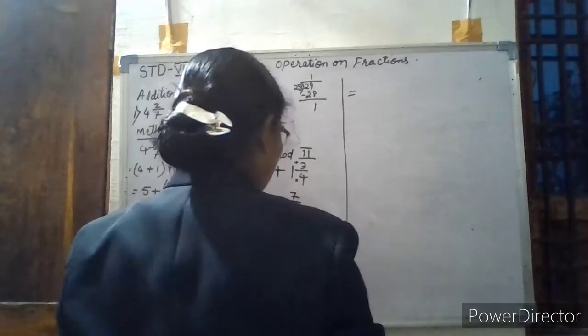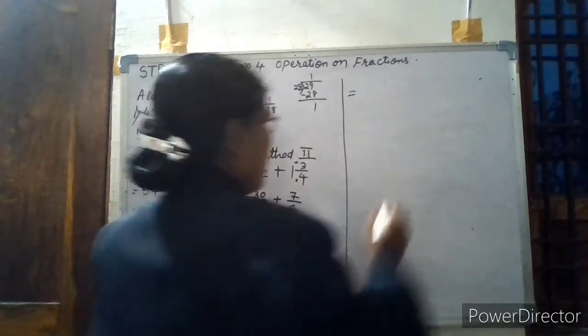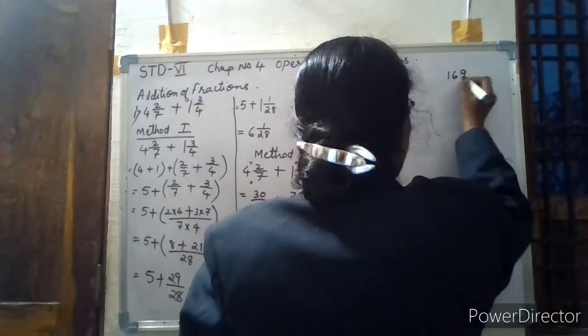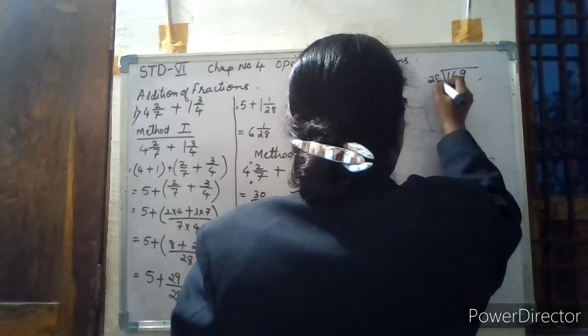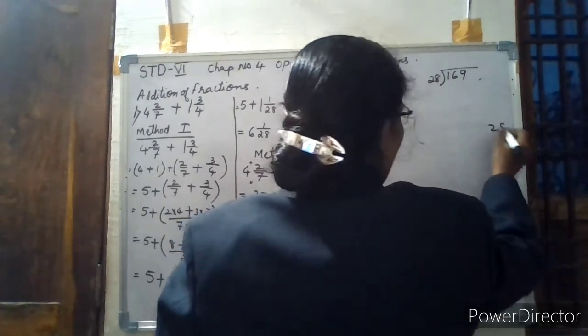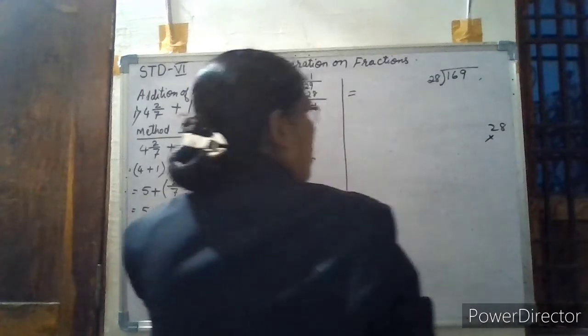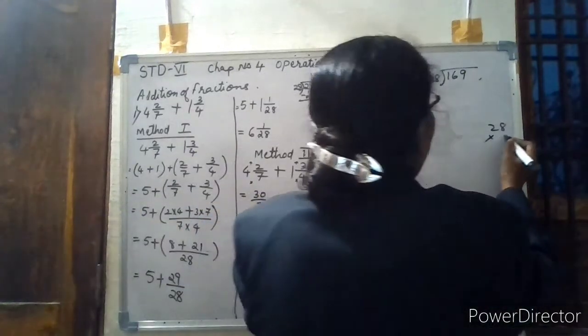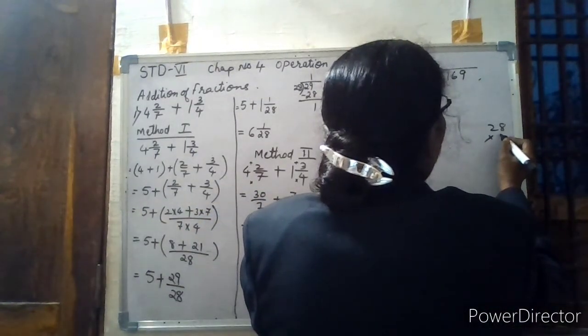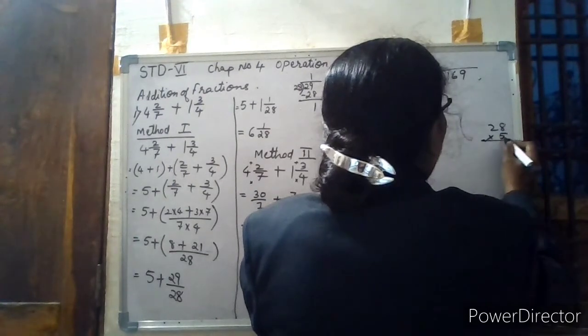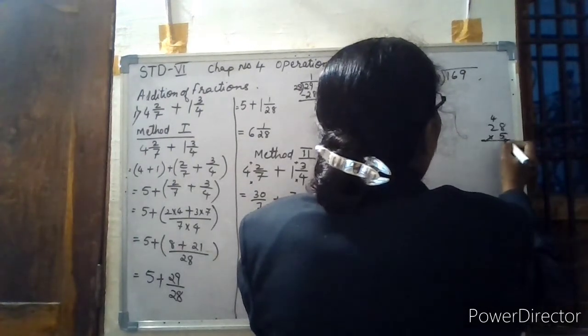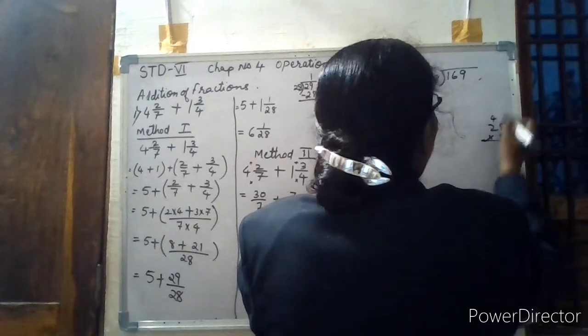Now, this is an improper fraction. I can change this improper fraction by division. That is 169 divided by 28. Now how many 28s? Very nearest we will see. Suppose 5: 5 8s are 40, carry 4, 5 2s are 10, 14.